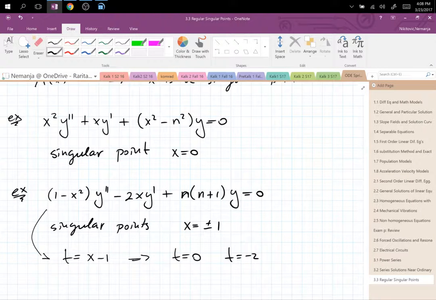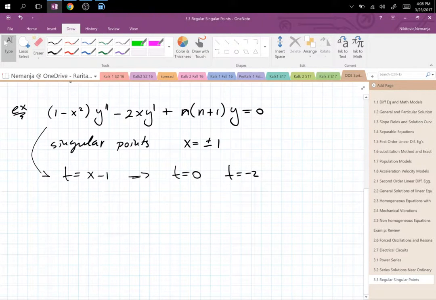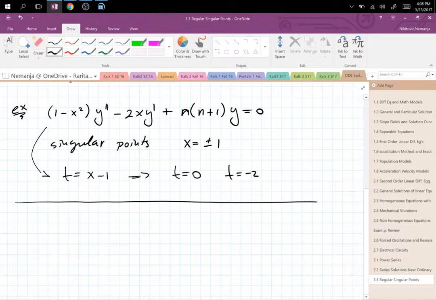So we are focusing primarily on these cases where singular points are at 0. Now, what types do we have? We have two types. But first, why are we doing this? Because we have to figure out a different way of solving differential equations. The power series sum of c_n x to the n doesn't work.